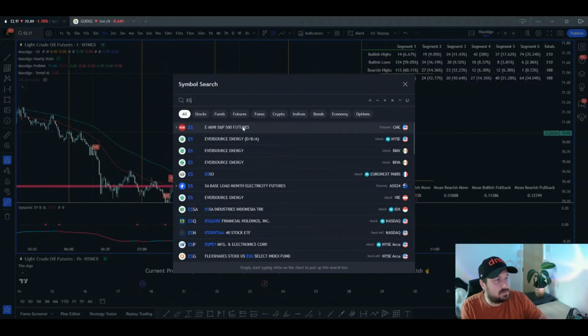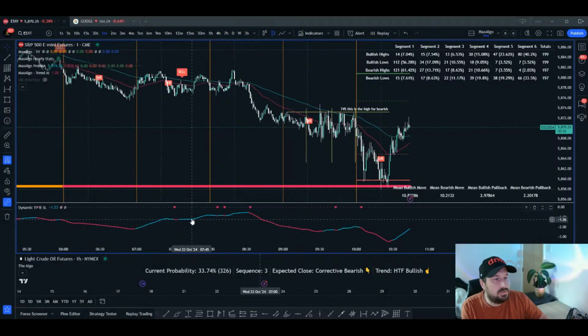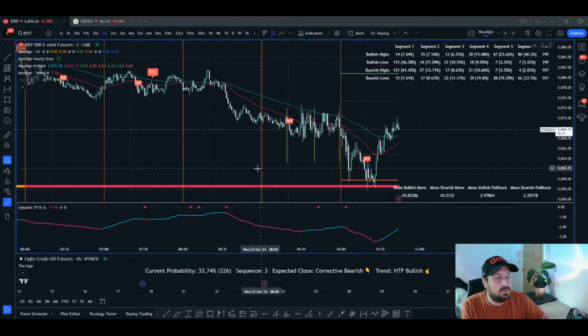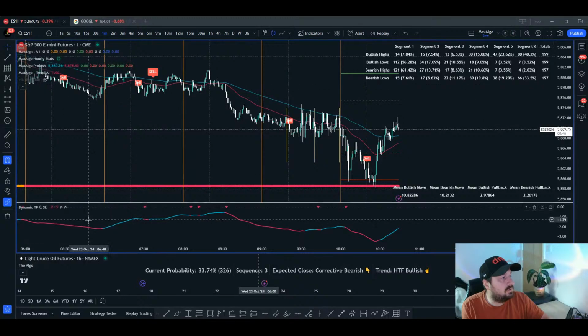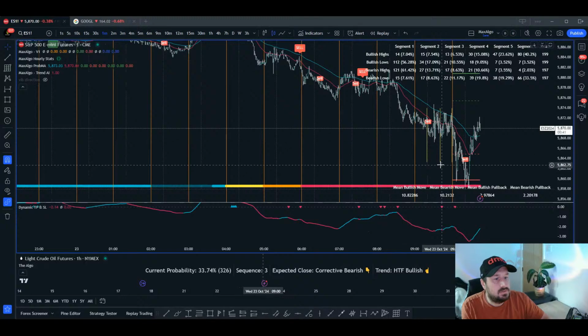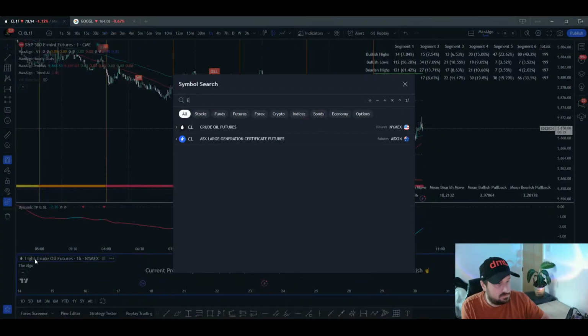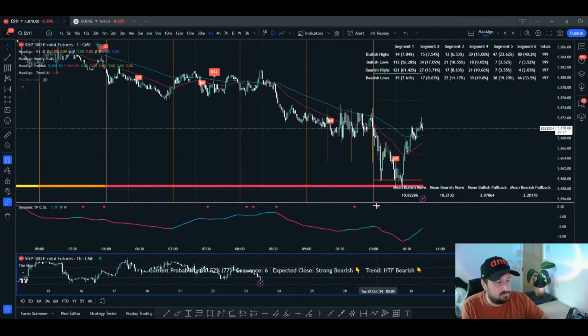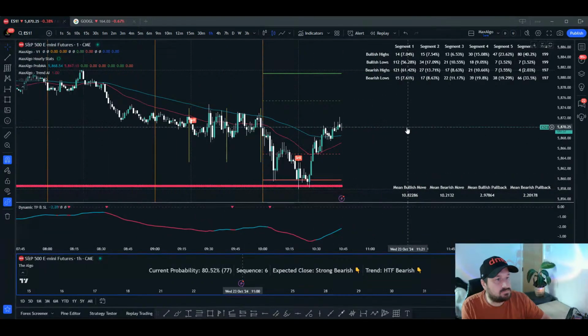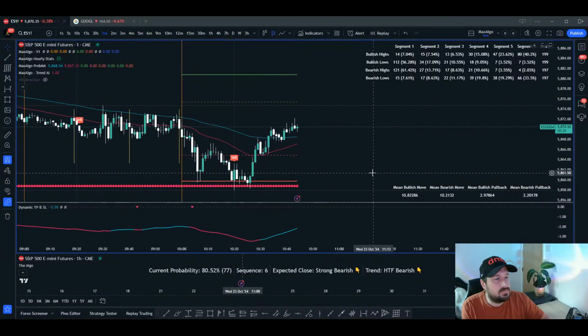Let's look at ES. We are still in a bearish trend. Obviously, this hour, we have an 80% probability of being bearish.